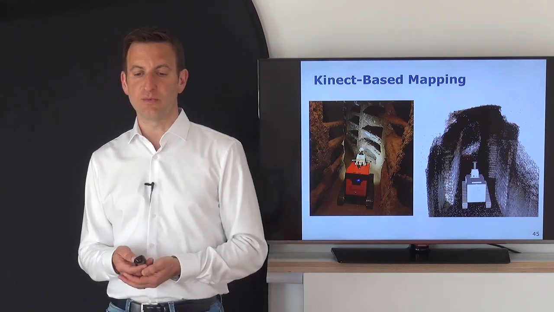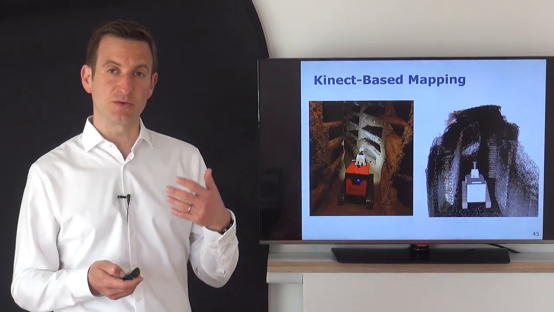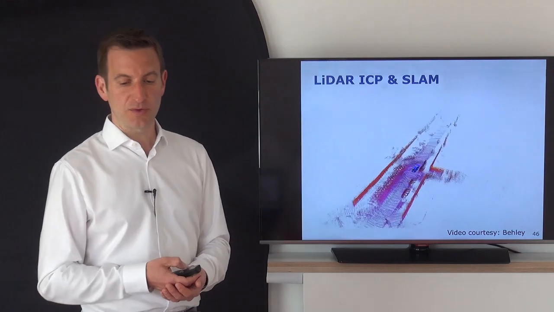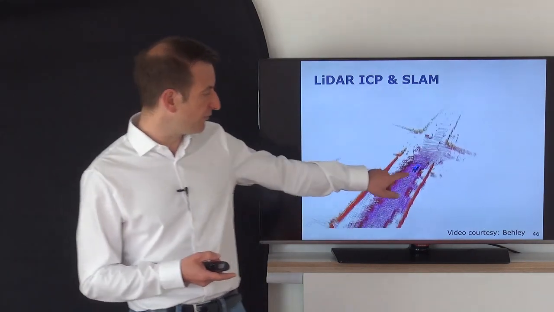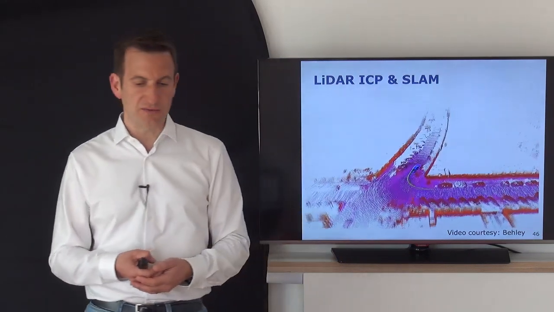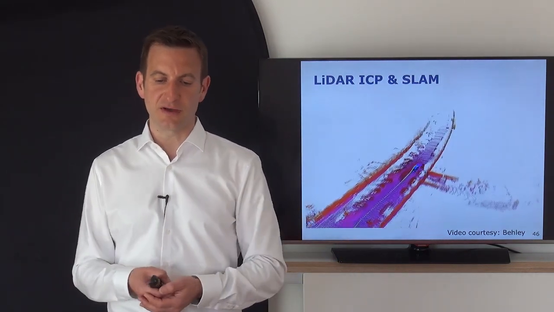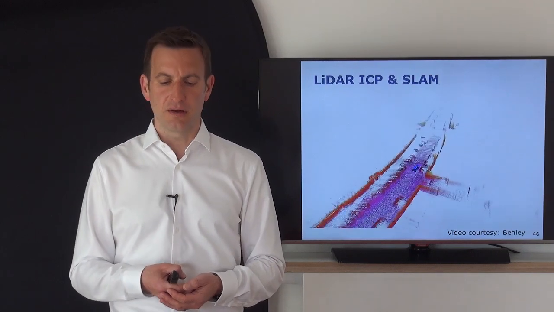I also provide you with a small example of how this could work in an autonomous car. What you see here is a data set, the so-called KITTI data set, where a vehicle is driving around which has a 3D LiDAR, in this case a Velodyne 64 beam laser, installed on the vehicle.